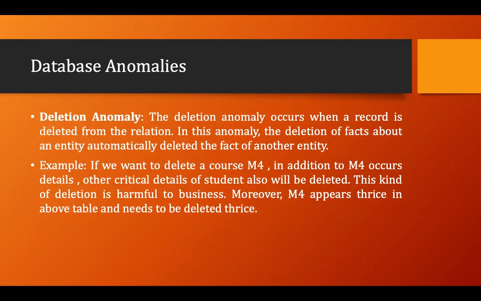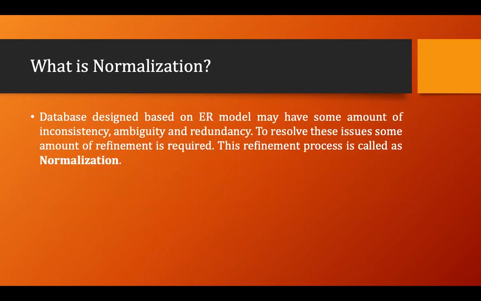Deletion anomaly occurs in the system, and it says that if you want to delete any specific data, it may delete the related tuple data, and when it deletes the tuple data, we may lose some useful information. These are the anomalies. Because of these anomalies, we use the process of normalization.